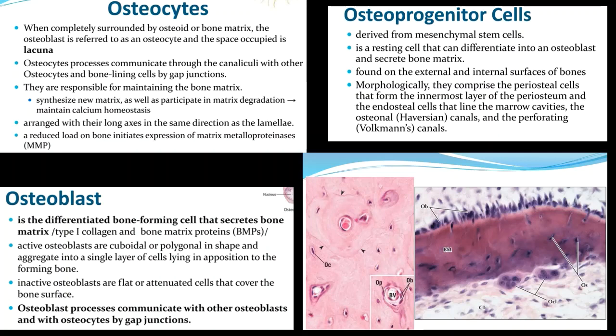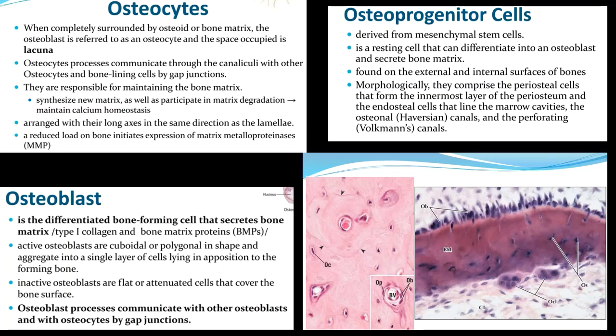The osteoblasts just lie beneath the periosteal layer. Inactive osteoblasts are flat, attenuated cells covering the bone surface. Osteoblast processes communicate with other osteoblasts and osteocytes by gap junctions. Now comes the more mature cells of the bone. These are the osteocytes.